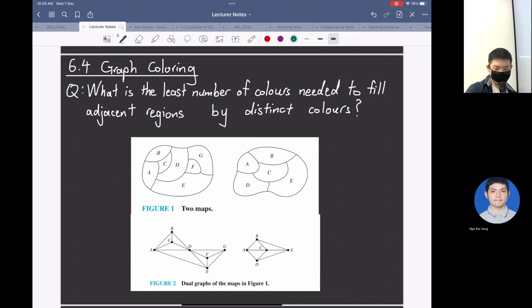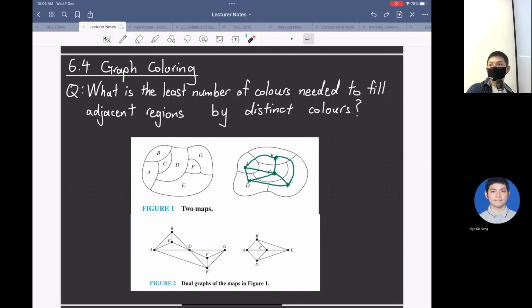For example, in figure 1, if you string the region into a point and draw an edge whenever they share the same boundary, then you can see that this graph here is actually the graph at the bottom. So this becomes a question of coloring vertices with different colors on the adjacent ones.